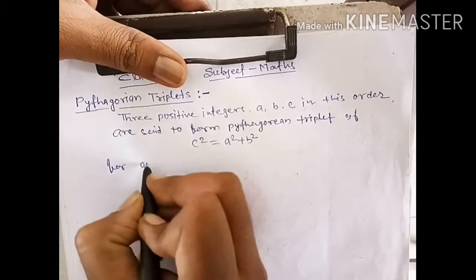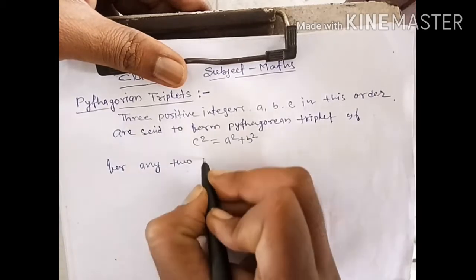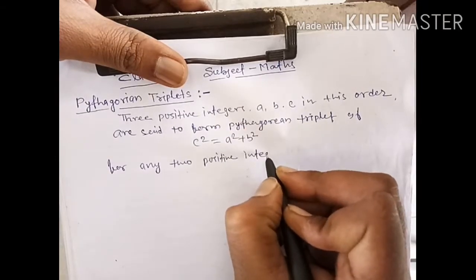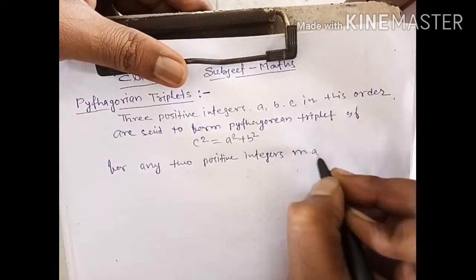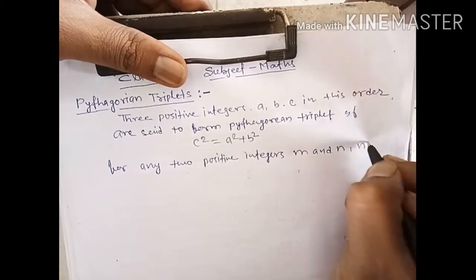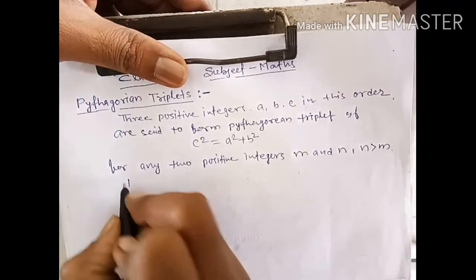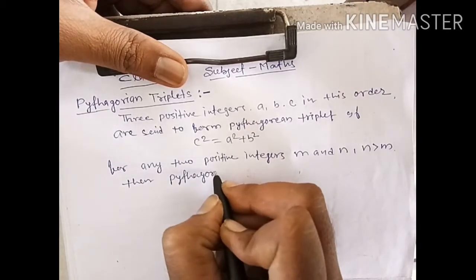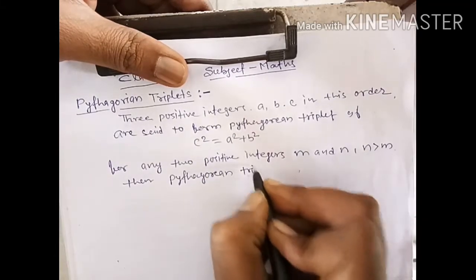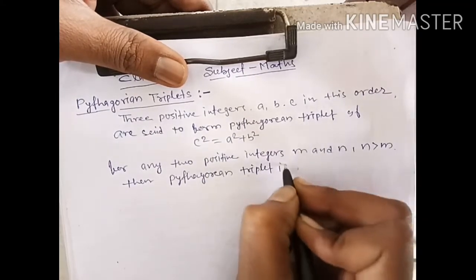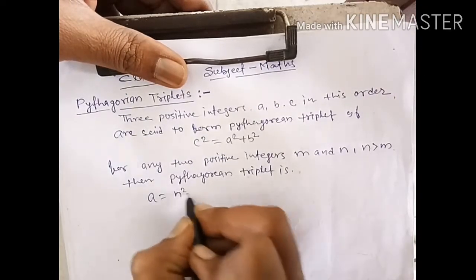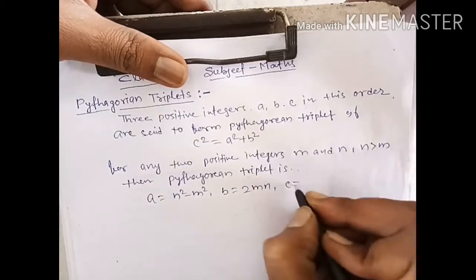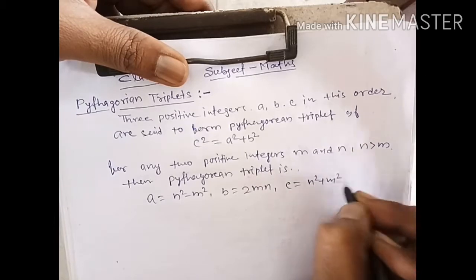For any two positive integers m and n, with n greater than m, the Pythagorean triplet is a is equal to n square minus m square, b is equal to 2mn and c is equal to n square plus m square.